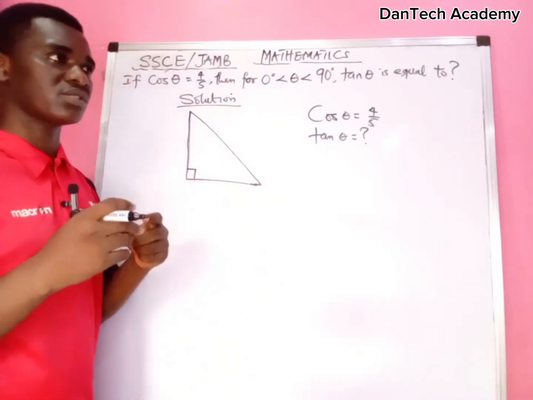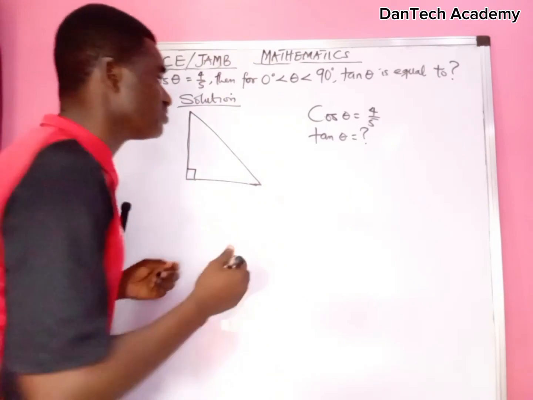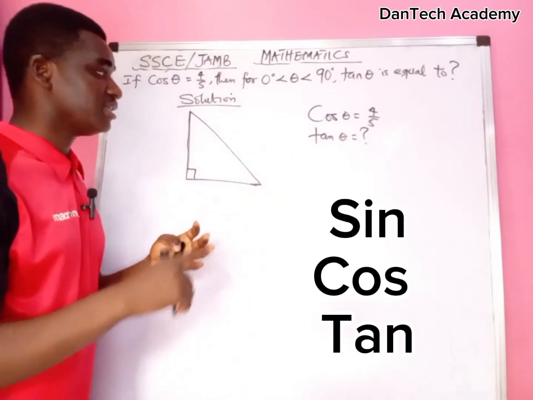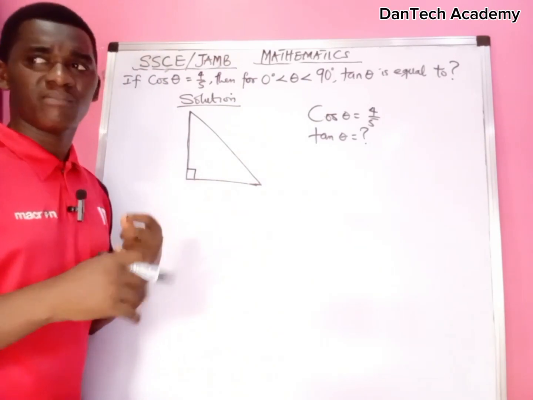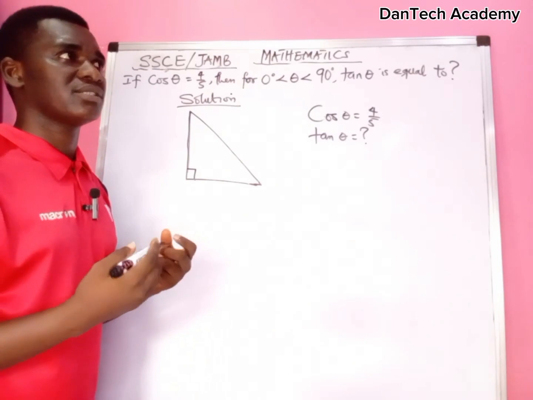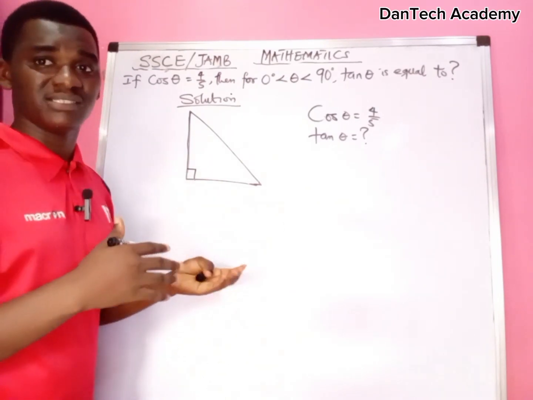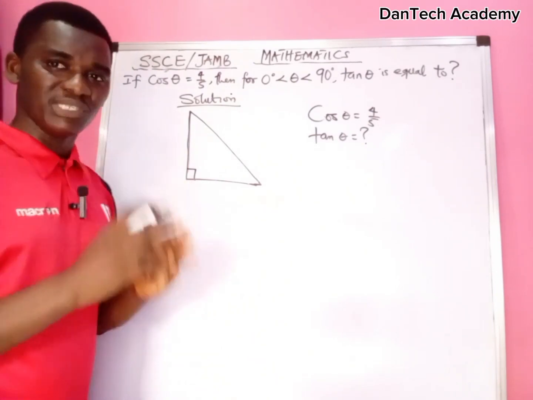When we talk about trigonometric ratios, there are three ingredients, and those ingredients are sine, cosine, and tan. So these are the three basic ingredients. Other ingredients come in, such as cosecant, secant, and the rest. You get that now? For this time around, these are the basic ones.